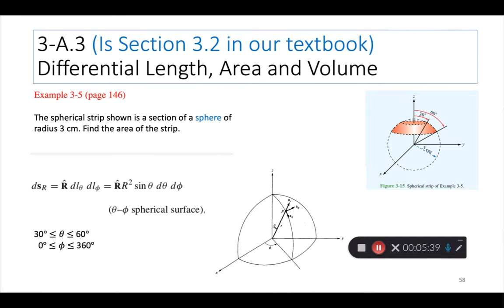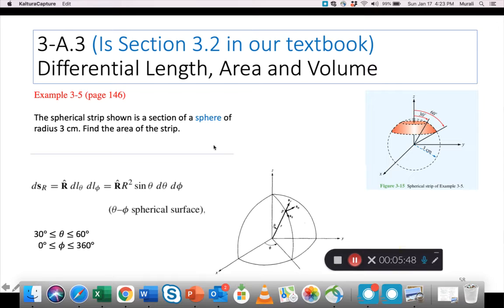Okay, all right, I'm going to move on to the next example, and this is also an example. This is example 3.5 on page 146 in your textbook. And here we are given again a piece of a sphere in this case.